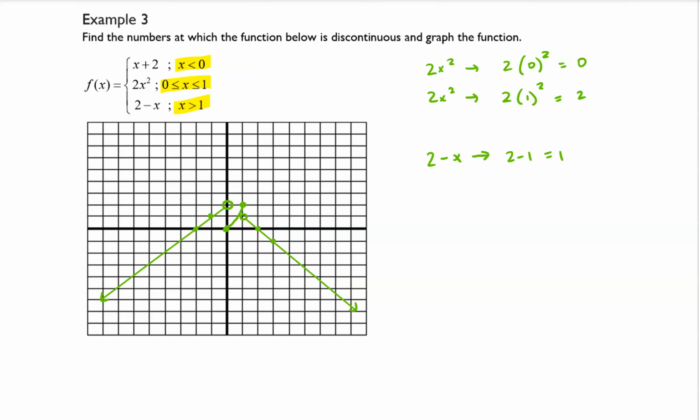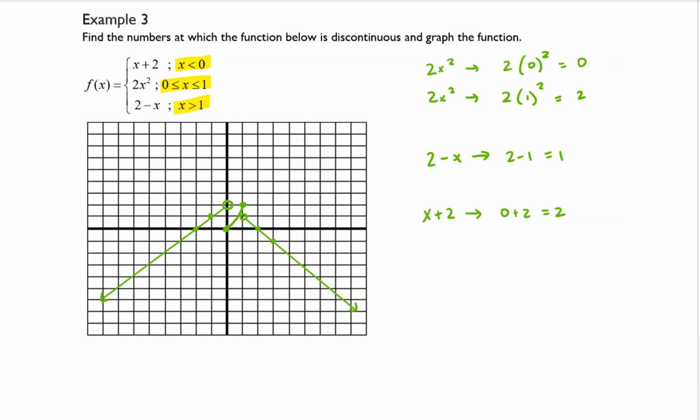Now pause the video for a moment and ask yourself, where do you think our function is discontinuous? So it actually turns out that f of x is discontinuous at x equals 0 and x equals 1. And let's algebraically show why that is. So here I have x plus 2, and if I plugged in 0, I'd get 0 plus 2, which is equal to 2.